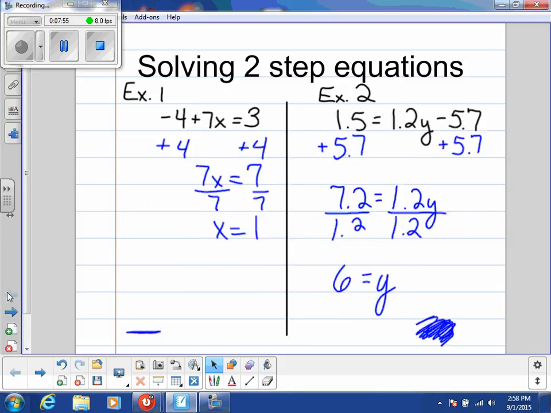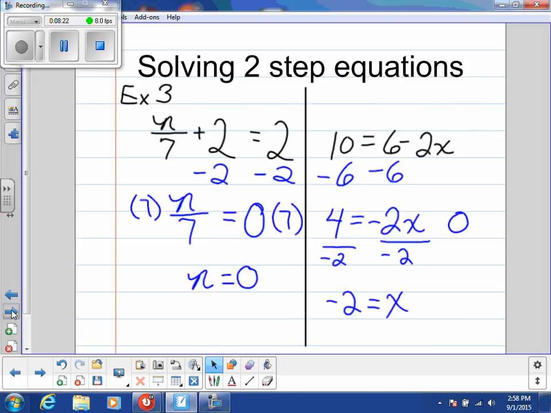For example, the very first example I did, this means 7 times x, and the inverse would be divide. This means a negative 4 being added, so I did a plus 4 for the inverse. And I did the addition or the subtraction step before I divided by the coefficient.